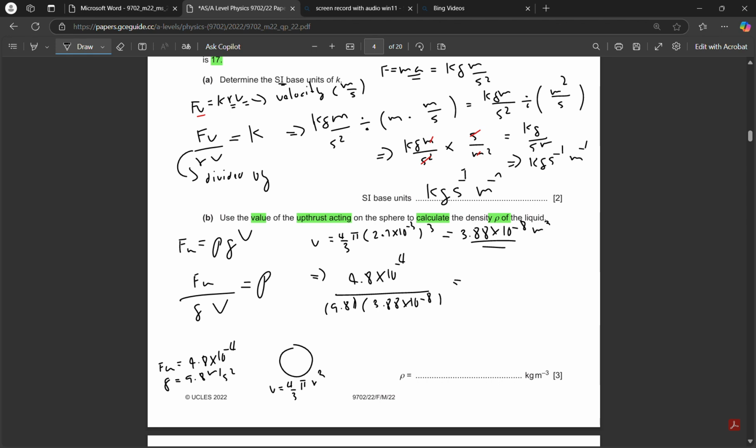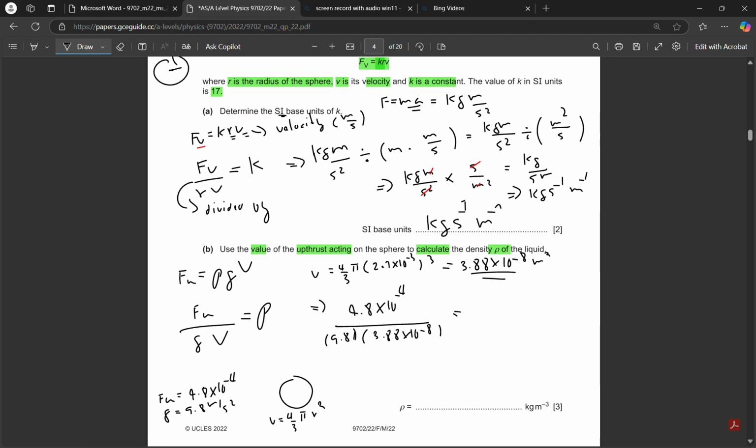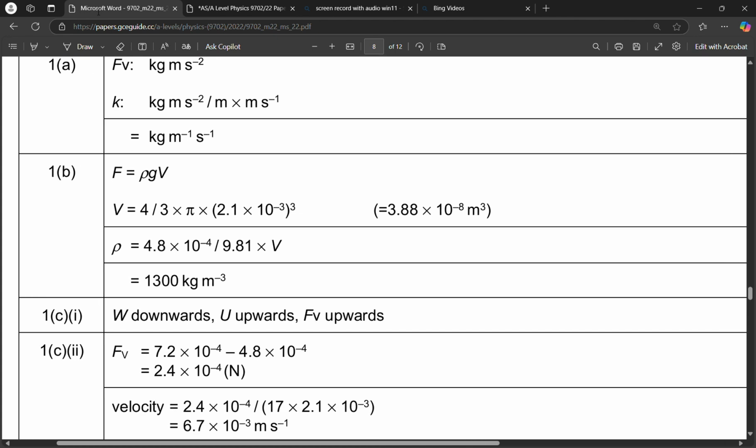That's going to be equal to 1,261 kilogram per meter cubed. Right? So according to the mark scheme, they want us to round it to the nearest hundred. So it's going to be 1,300 kilogram per meter cubed. To double check, we do indeed have the correct value.